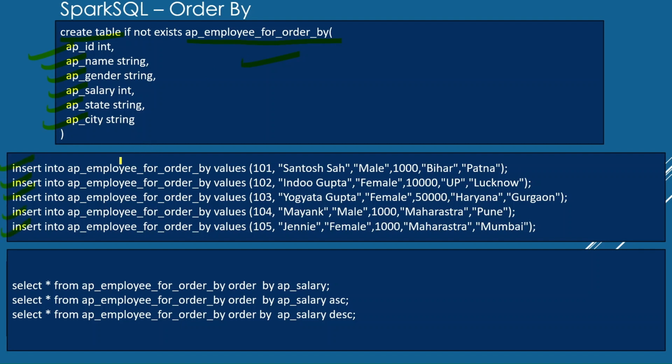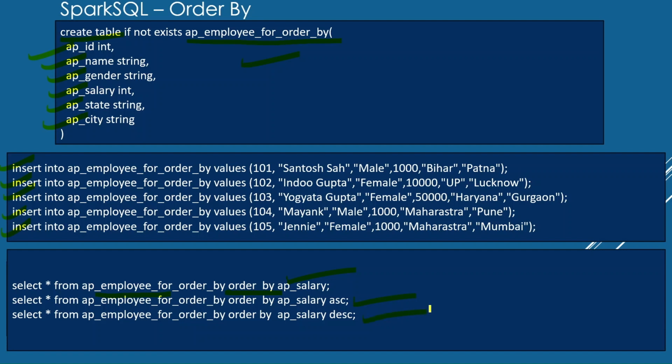Once the records get inserted, I am going to order this table with the help of an order by clause. We are going to order it based on a column, and we can order with the help of ascending order and descending order.